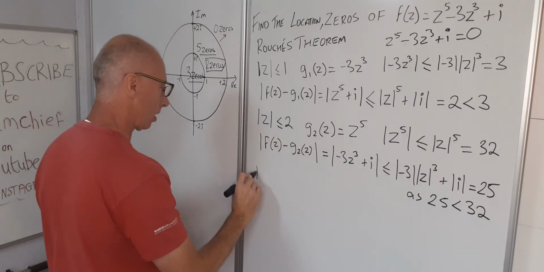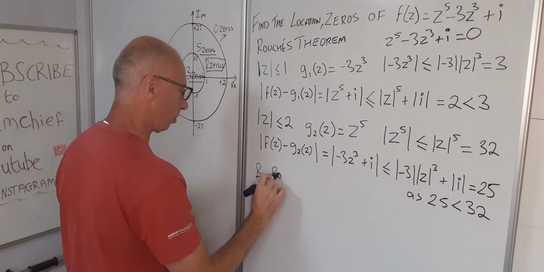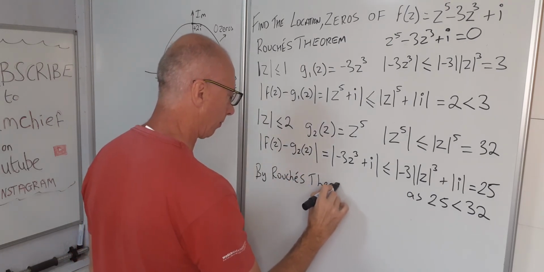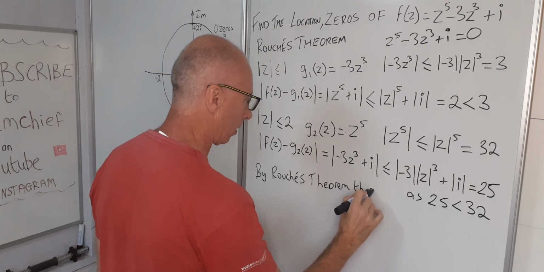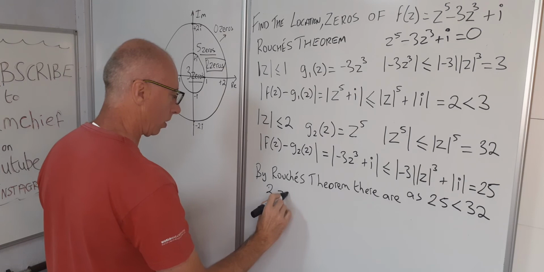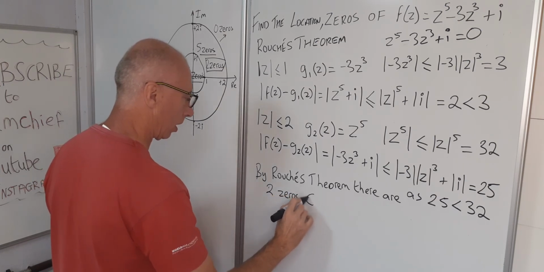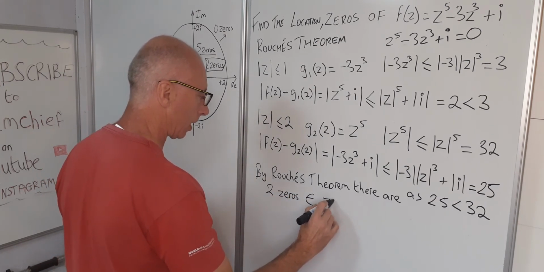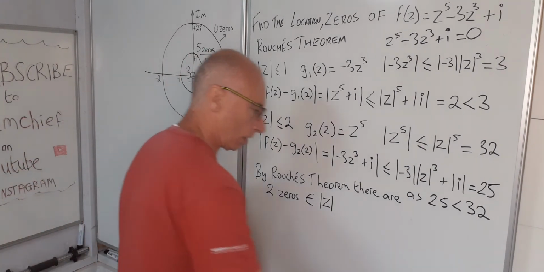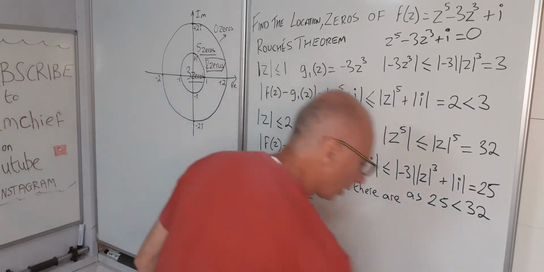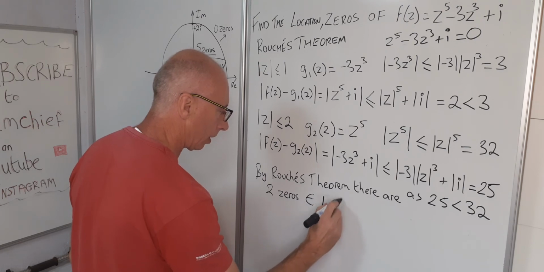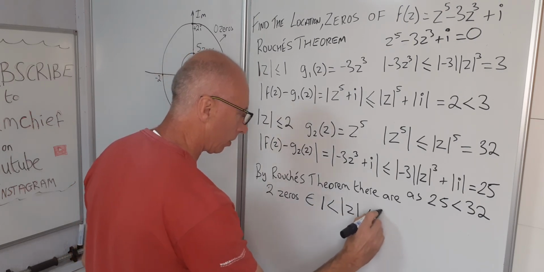So we say by Rouché's theorem there are 2 zeros inside the set where, let's say, 1 is less than the modulus of z, which is less than 2.